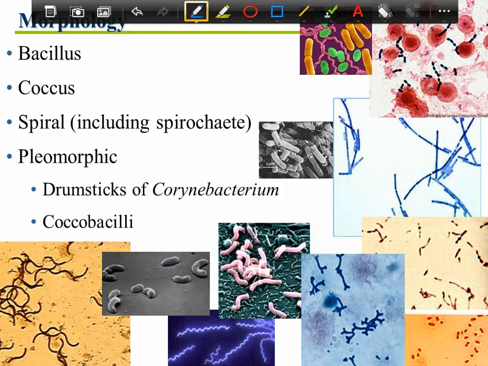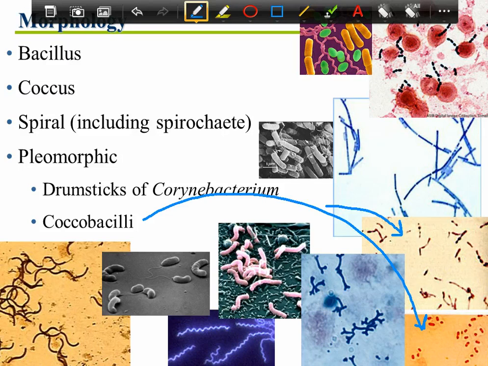Then we've got some odd and end guys that don't seem to match a shape. Cocobacilli. Look at this one right over here. Kind of hard to tell whether he is a coccus or a rod. In fact, he's called a cocobacillus. The guy next to him right here.